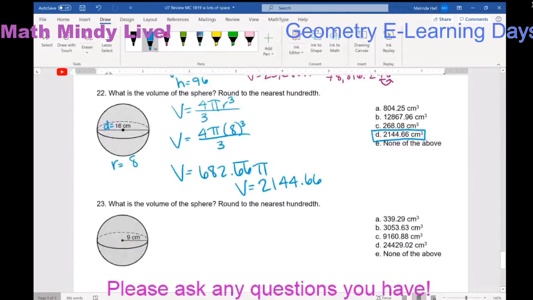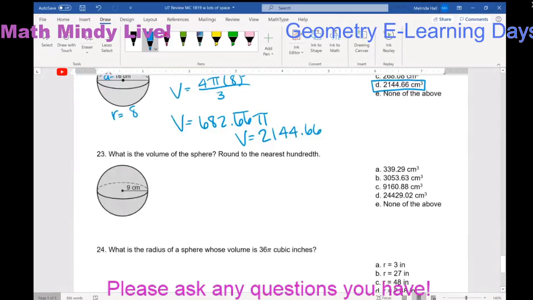So then for 23, finding the volume of the sphere, we're going to use the exact same formula. In this case, my radius is 9, so I would have 9 cubed. When I put that into my calculator, 9 cubed times 4 divided by 3 would give me 972 pi.